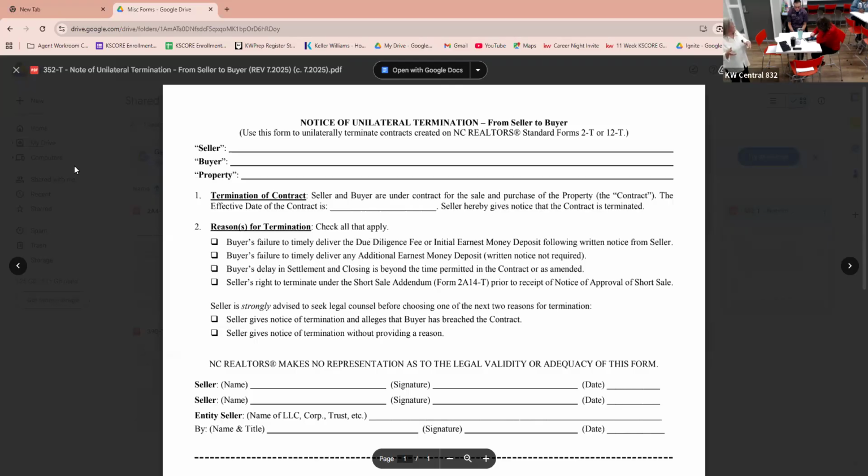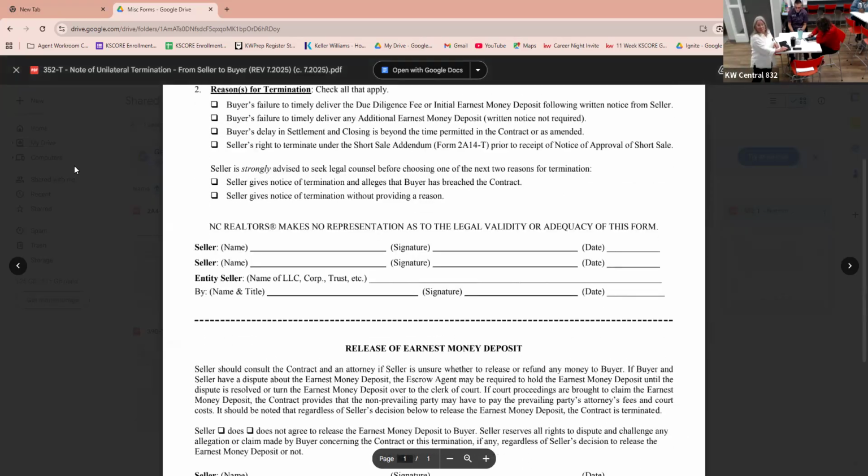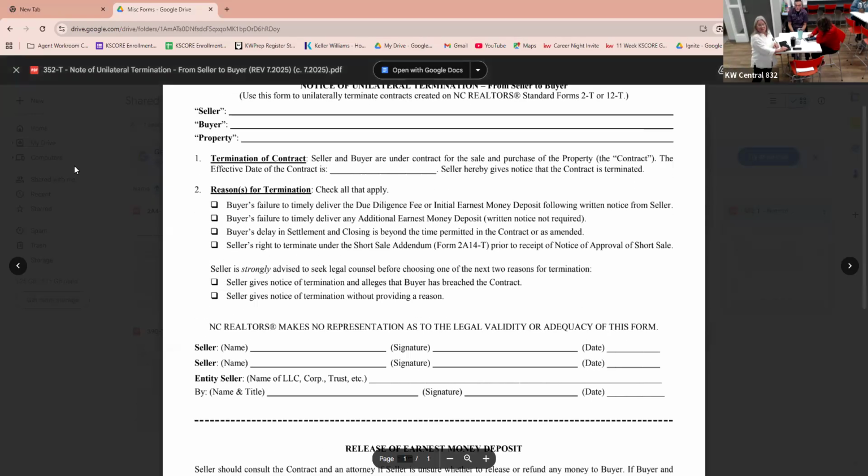What does this mean? How does this impact me? What do I have to pay back to the buyer or to make the buyer whole? This only requires the seller's signature.